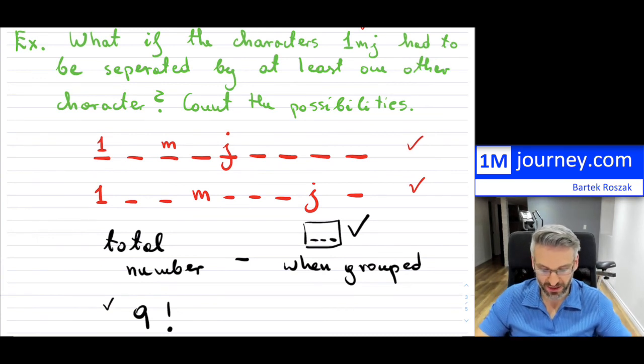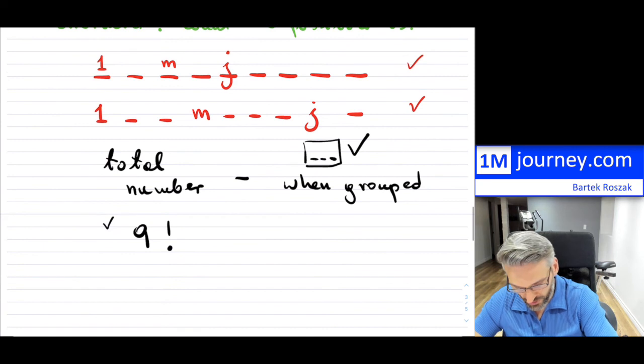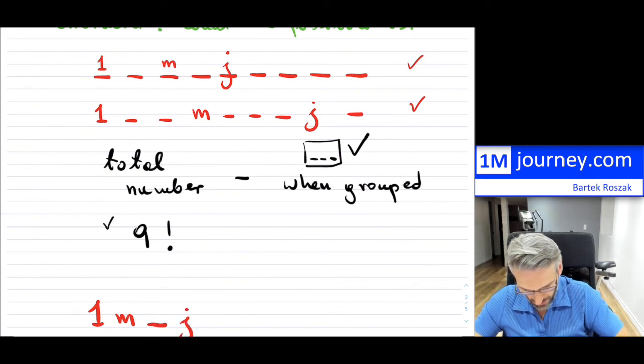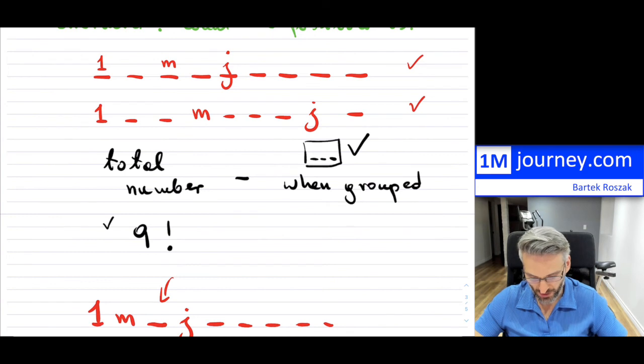So instead of counting that you have at least 1 character in between some of them, which would have been difficult, because you would have to ask how many of these possibilities there are, and this could have been a possibility, and so on, with a space in between here.